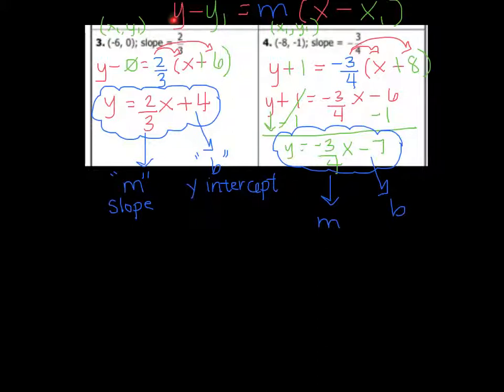It's still y minus. So I have y minus, and then y1 in this case was 0, equals your slope, which was 2/3, times x minus. Now this is where it's different. Since x1 was negative 6, we don't write minus negative 6.